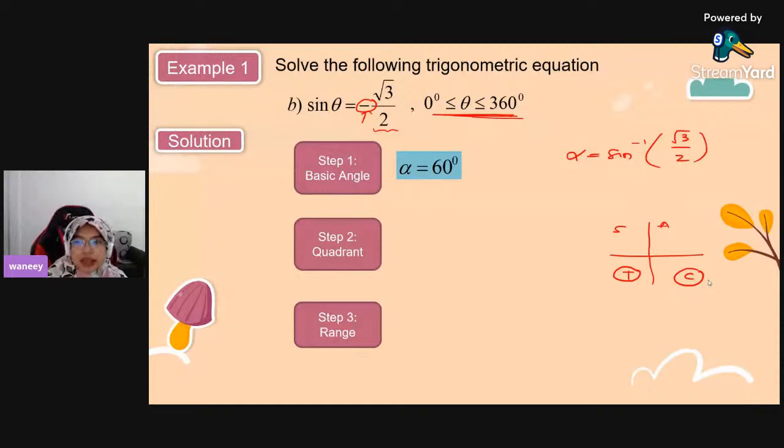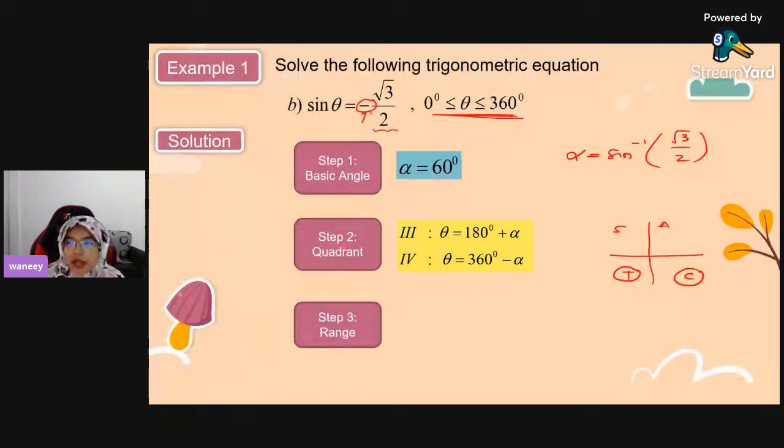So in order to get a negative answer, the theta should be in the third or the fourth quadrant. Okay, so in the third quadrant, theta is equal to 180 plus alpha. In the fourth quadrant, it should be 360 minus alpha.